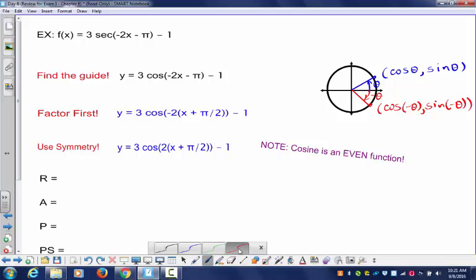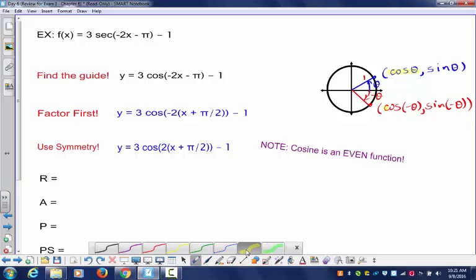So the coordinates of the terminal point are always cosine comma sine of whatever the angle is that got you there. Could be negative, could be positive, could be multiple revolutions, doesn't matter. And this is a unit circle. Hopefully it's totally obvious that they share an x value.